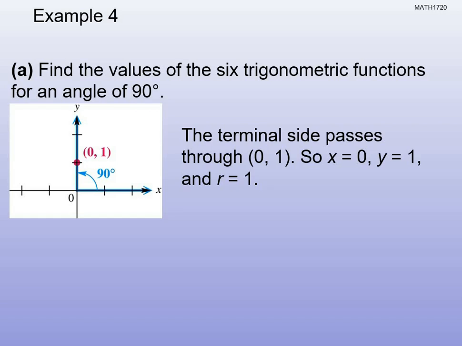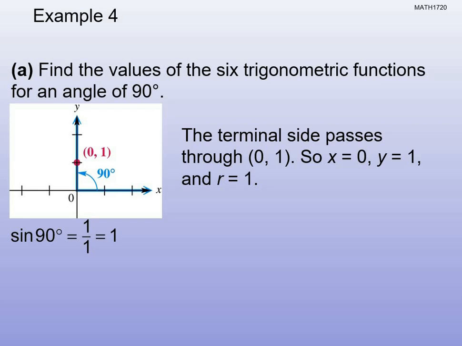So we just have to be careful and think through what's going to happen here. This is going to help us define what trig functions exist at the quadrantal angles. Okay, so this one's important. So sine of 90 degrees, because 90 degrees is the angle, and we write the ratio, right?